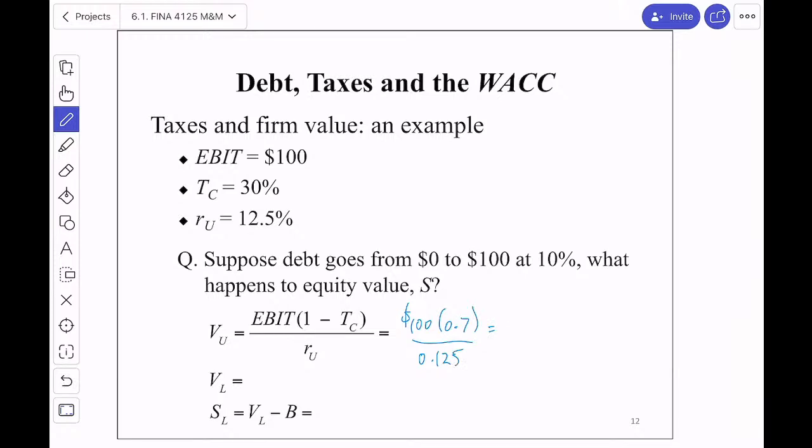So what's the value of the unlevered firm to begin with? This is perpetual, right? So this is a perpetuity. It might look a little different, but it's not. It's just a perpetuity.